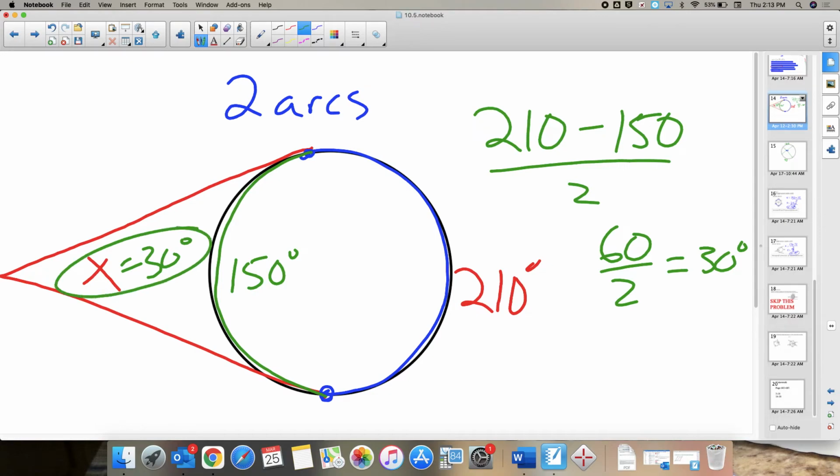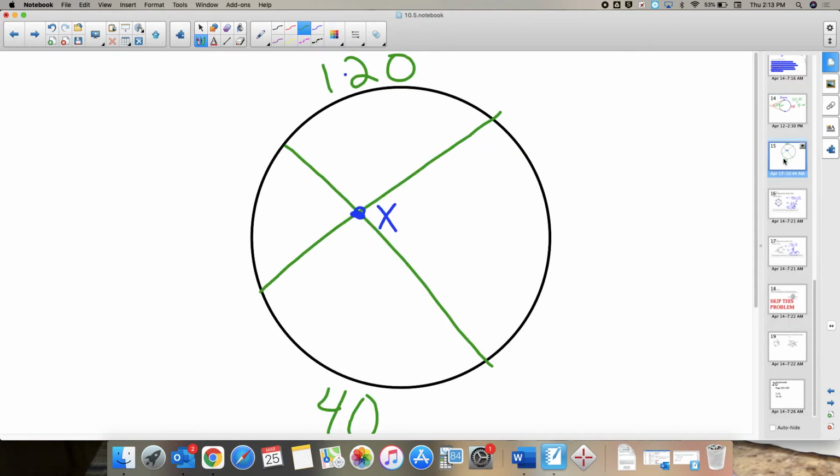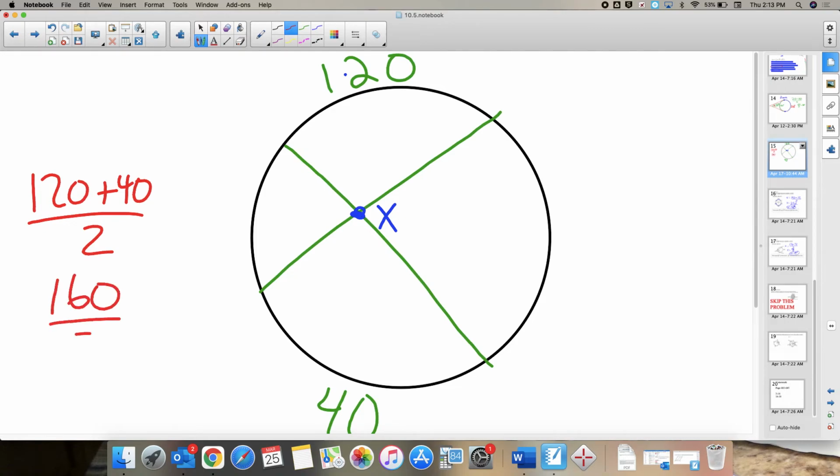Now, another thing to bring up here, if they intersect inside the circle, yes, you are going to add your arcs together and divide by 2. So 120 plus 40 is 160 here. Divided by 2 does give me 80 degrees. However, be careful where that 80 degrees goes.